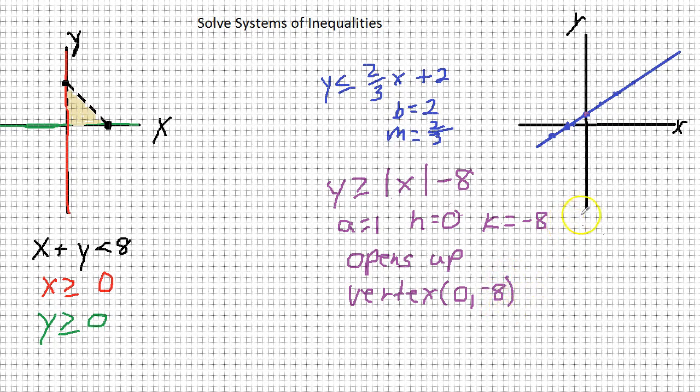Alrighty. Now, let's plot our vertex. So if I count down, 1, 2, 3, 4, 5, 6, 7, 8. Put a dot right here. Now our slope is 1. So that means we go up 1 over 1, both left and right.